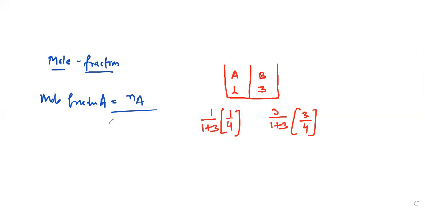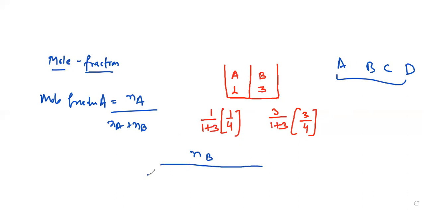And if you have A, B, C, D, you add them all, the sum of all. So Na by Na plus Nb plus Nc plus Nd, whatever. Okay?